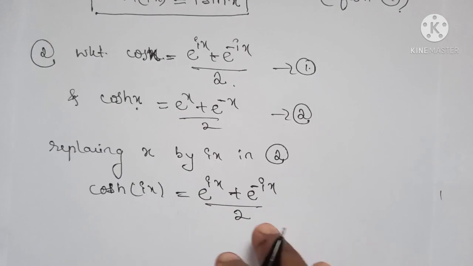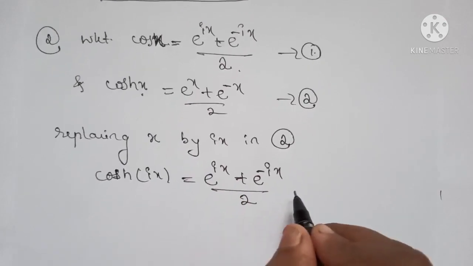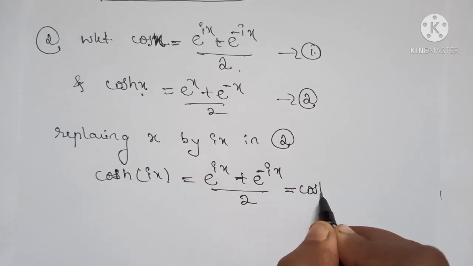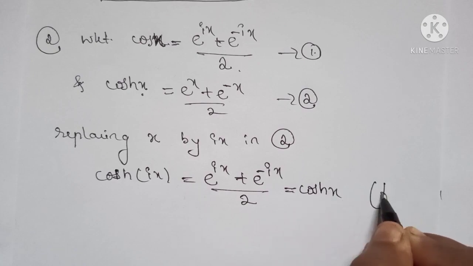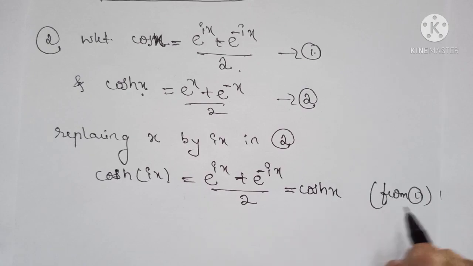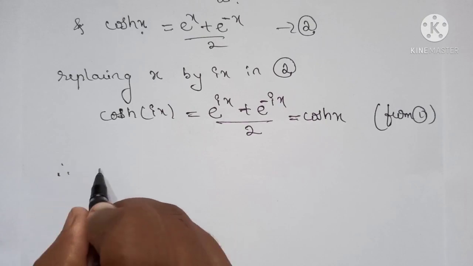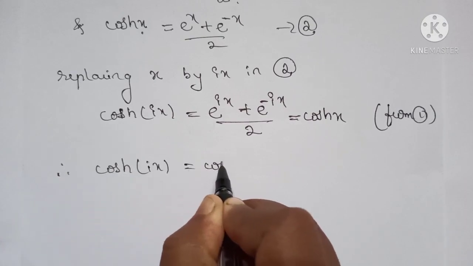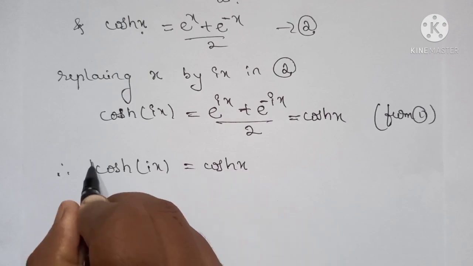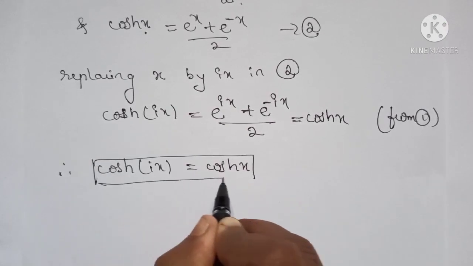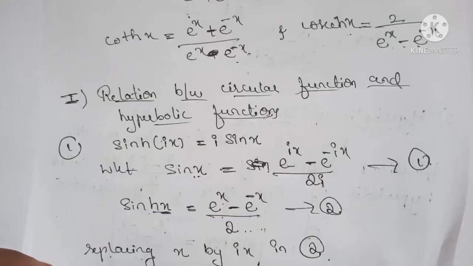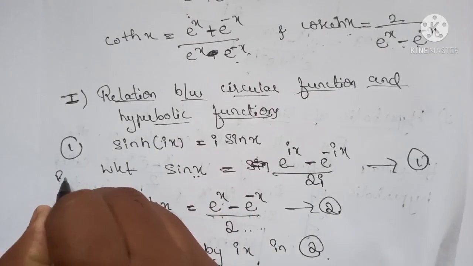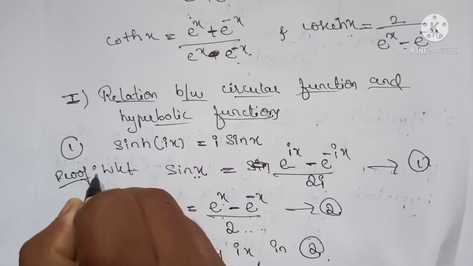So from equation 1, this we can directly write as cos x. Therefore, always remember cosh ix is equal to cos x. These proofs are important. They may ask in the exam for 2 marks.